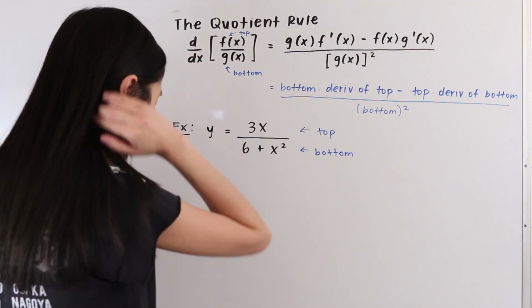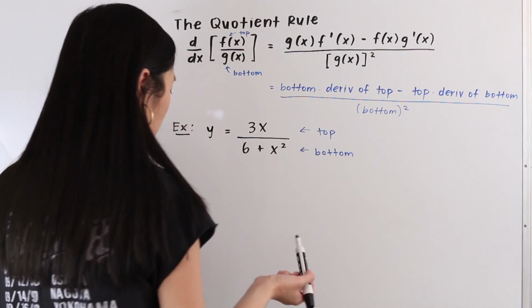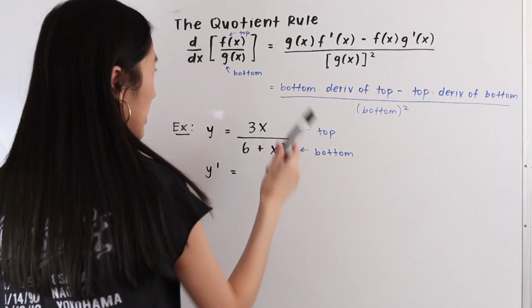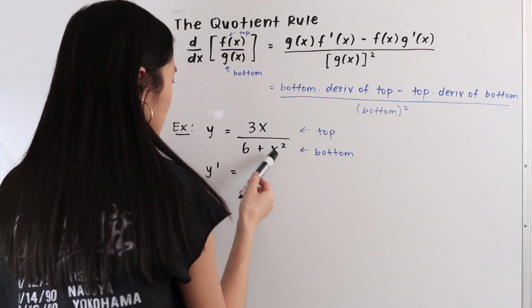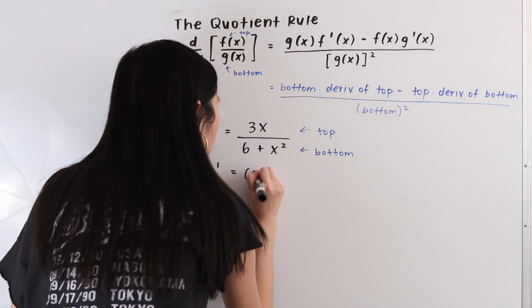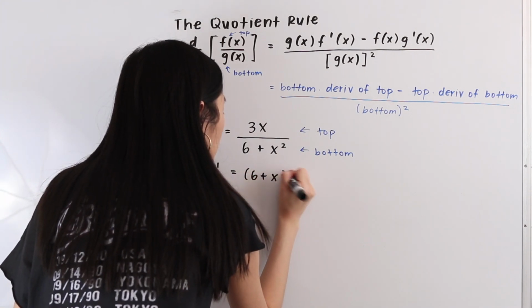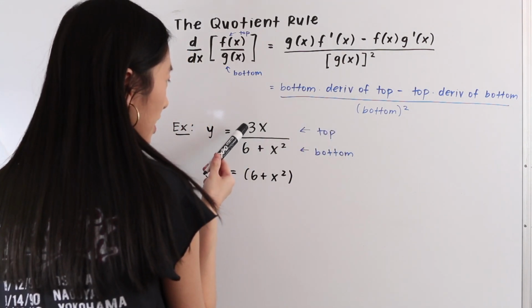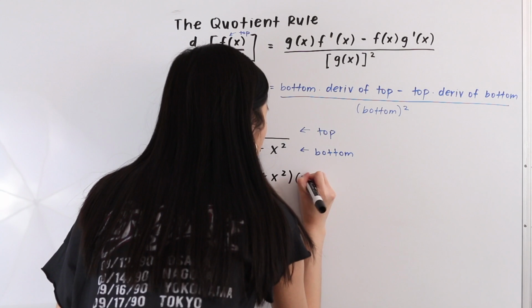Now let's find our derivative. We have y prime is equal to the bottom function, which is 6 plus x squared, times the derivative of the top function. So the derivative of 3x is just equal to 3.